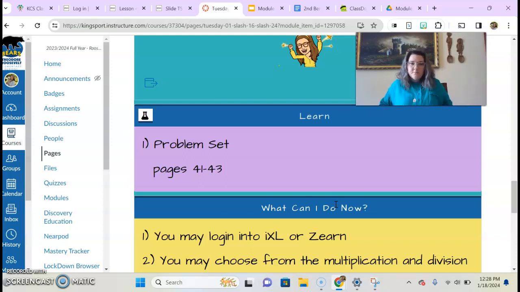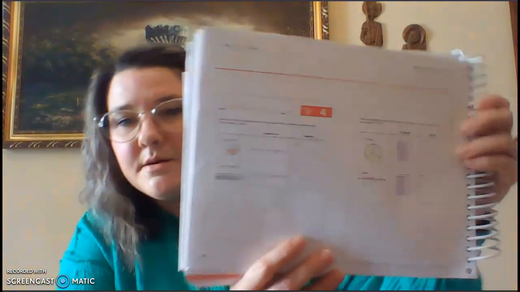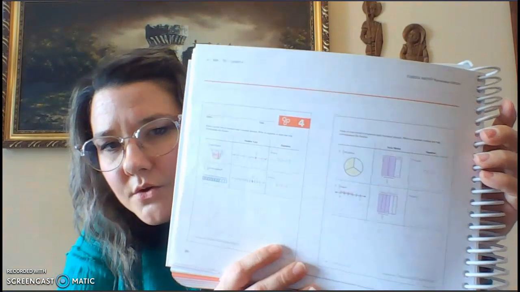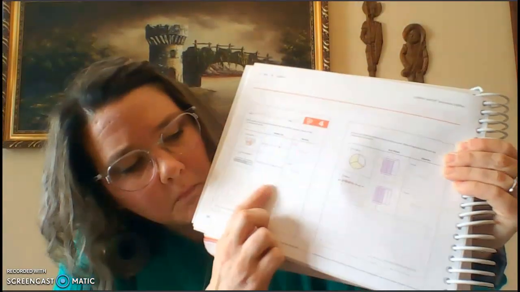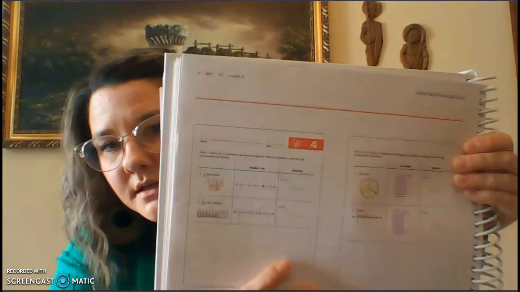So I'm going to make myself bigger just here. I apologize, I should have done that on the other video. So right here, you are given a picture of juice that's 3/4. Then you are to draw the number line and mark 3/4.